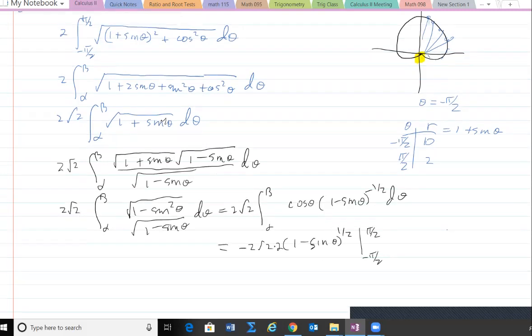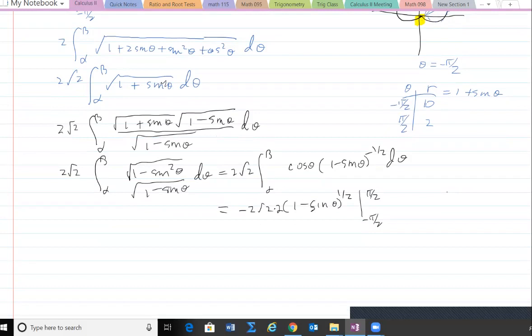So we're able to get around that problem, luckily. So we got a minus 4 root 2, and then in here we have 1 minus sine pi over 2 to the half, and then minus 1 minus sine negative pi over 2 to the half.